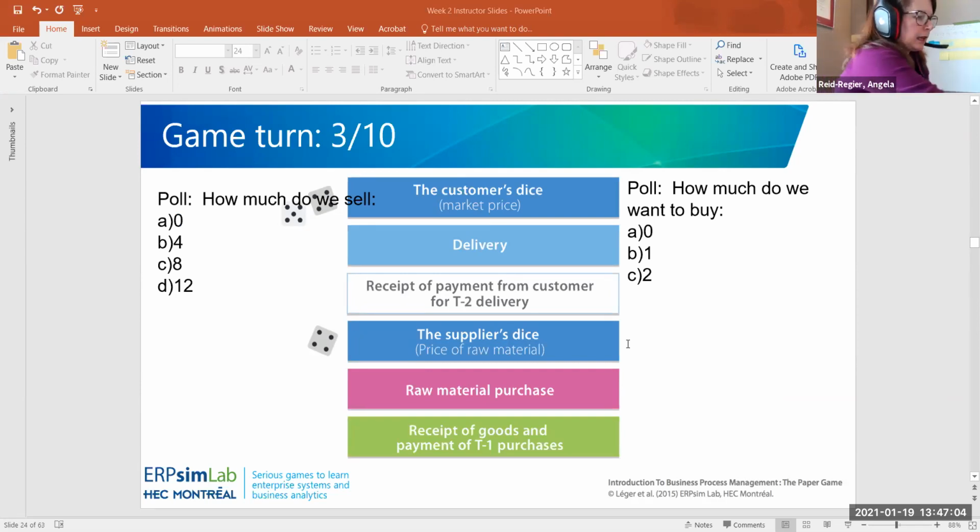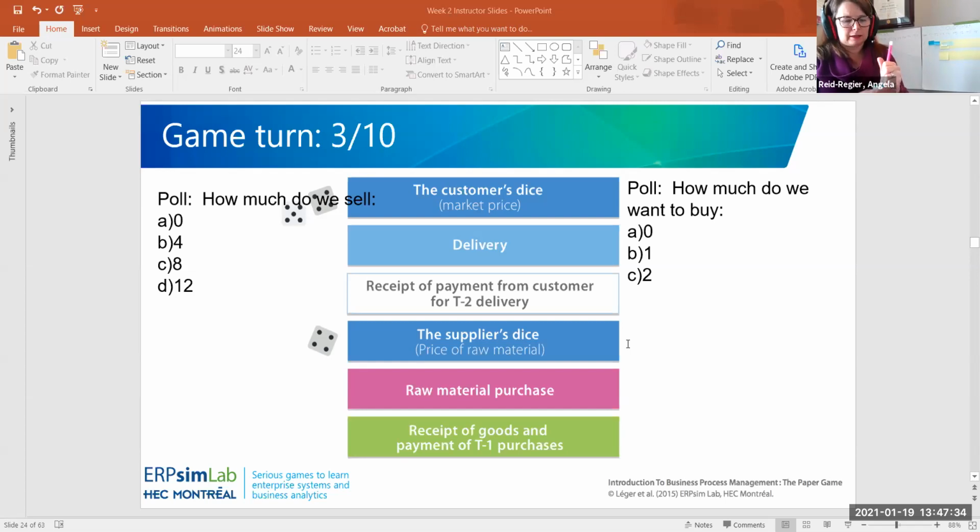So let's see what the selling price is for our smaller piece of paper. So it is 5. So this round we are selling to our customer for 5. So we need to say how much we are going to sell. So we have 12 sheets. How many are we going to sell this time? So 0, 4, 8, or 12.